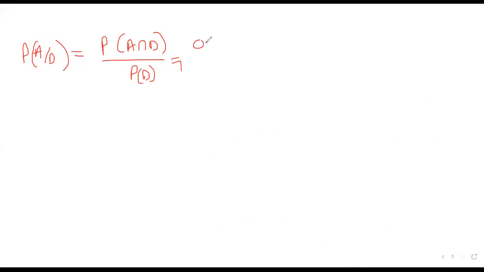So 0.04 over 0.064 gives you 0.625. That is how that question was supposed to be done.